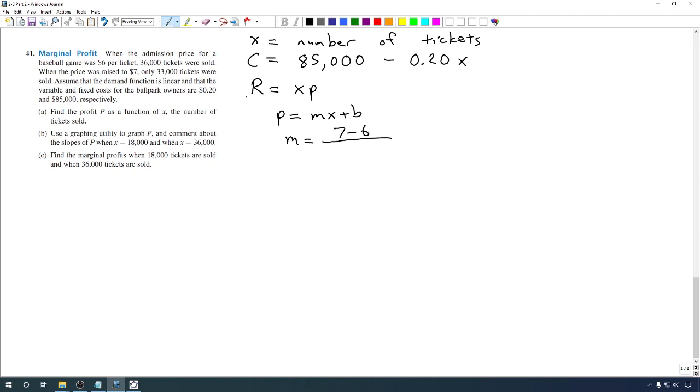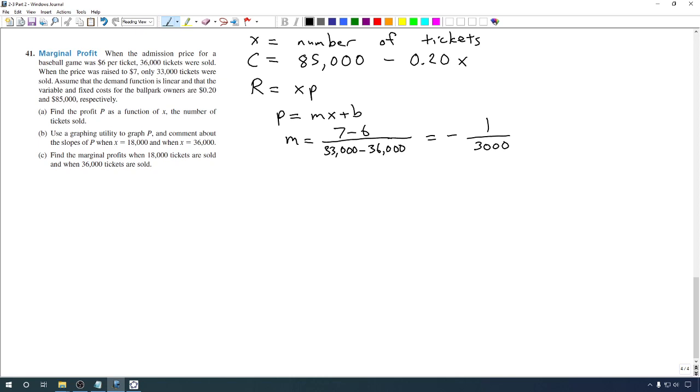On the bottom, I need to take 33,000 minus 36,000. Of course, the top just comes to 1. The bottom, we actually have a negative 3,000. I'm going to go ahead and put the negative out in front, though. So we have a slope of negative 1 over 3,000.